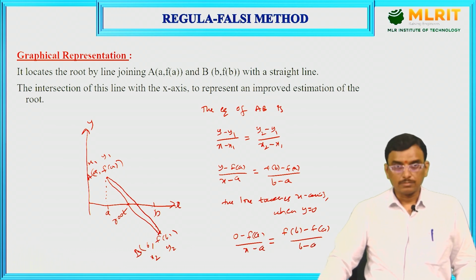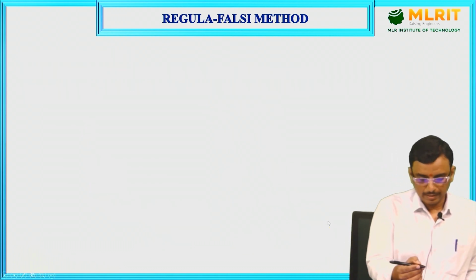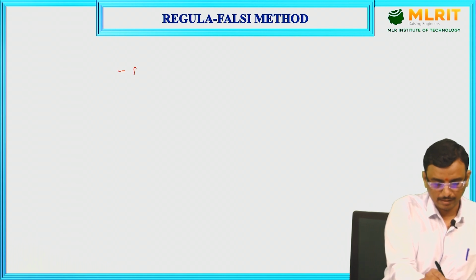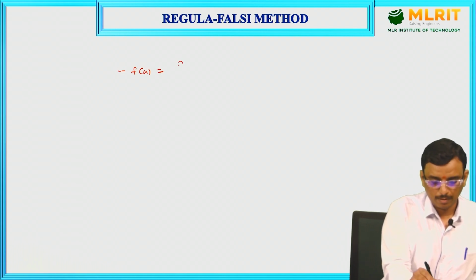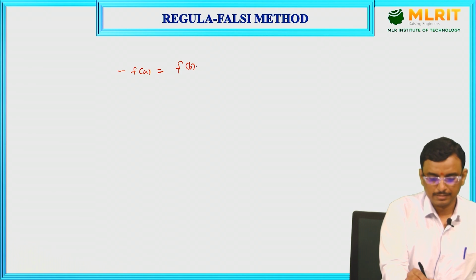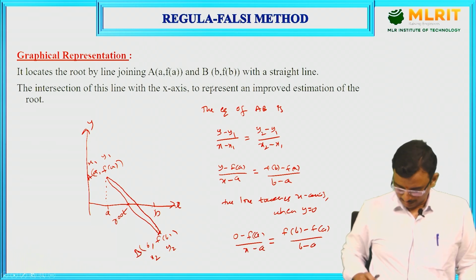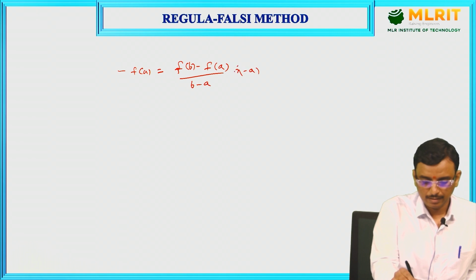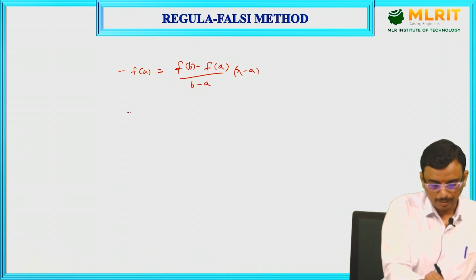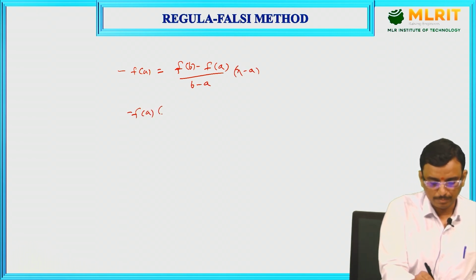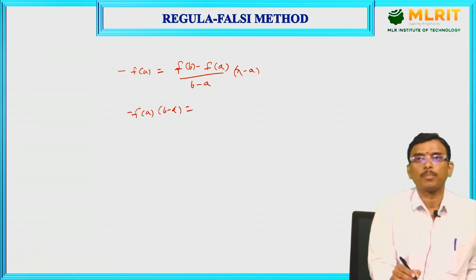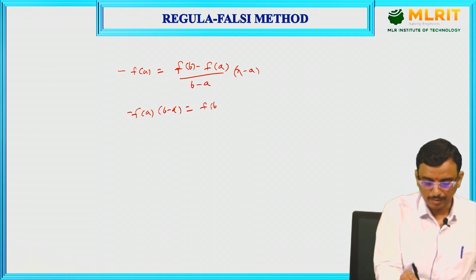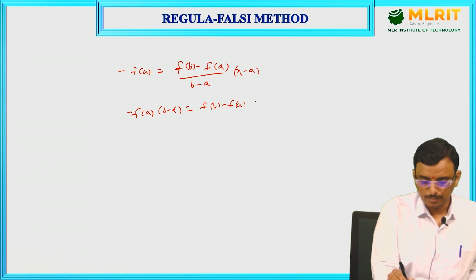Now we continue. Minus f of a is equal to (f of b minus f of a) divided by (b minus a) into (x minus a), where x minus a is sent to the right side. So, minus f of a into (b minus a) is equal to (f of b minus f of a) into (x minus a).